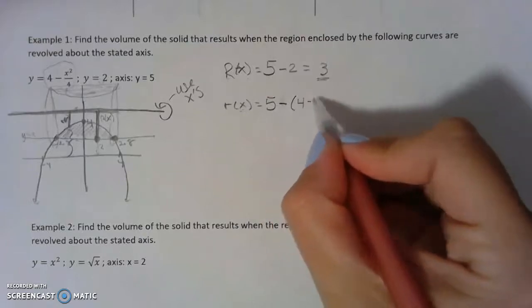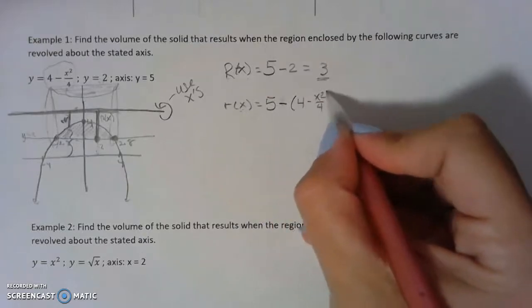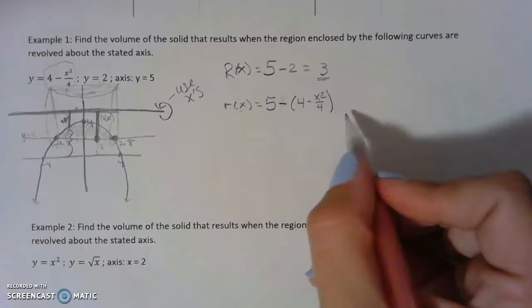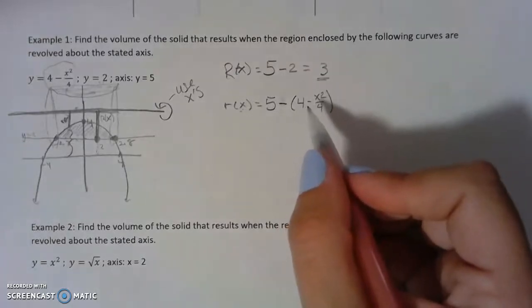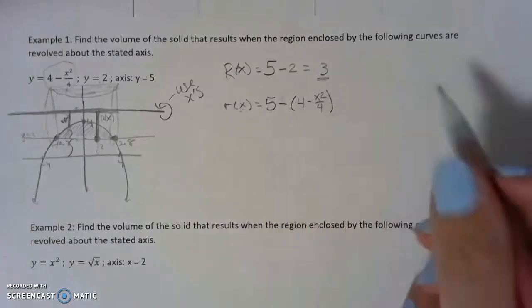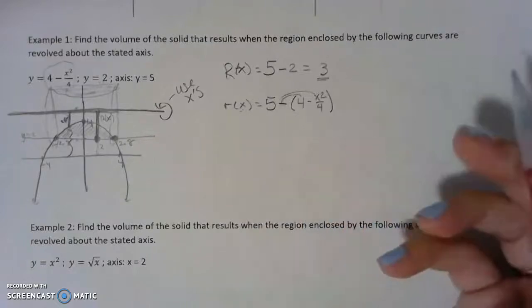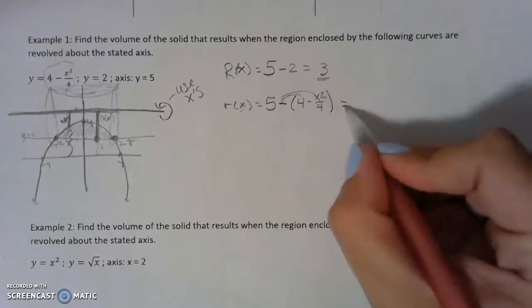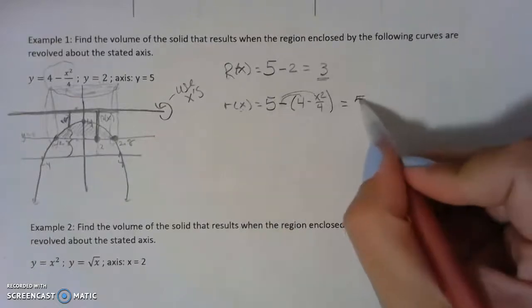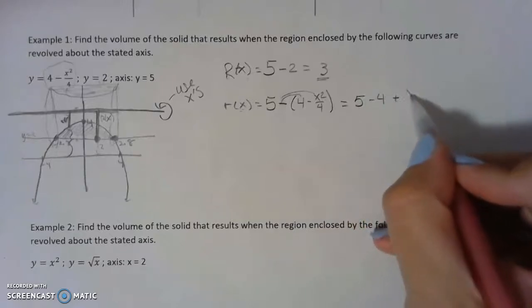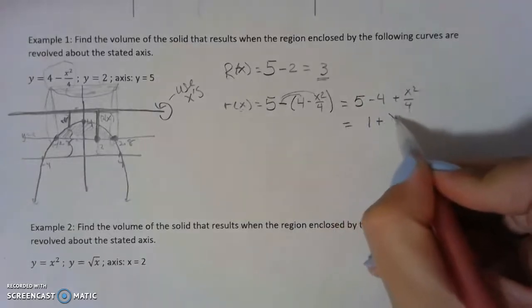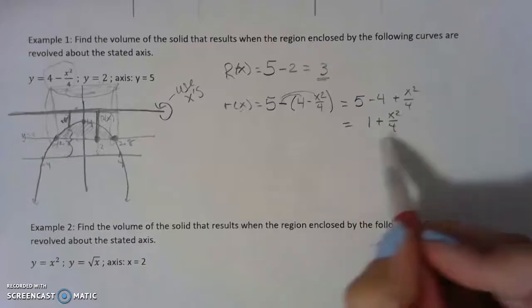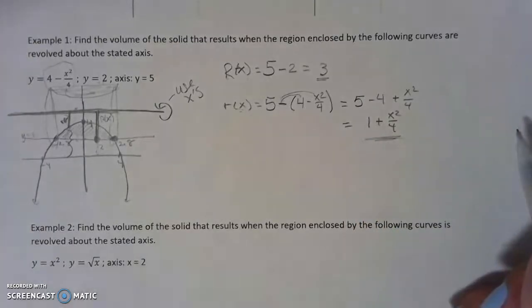So 5 minus the quantity 4 minus x squared divided by 4. Now, you could leave it like that when you type it into the calculator, but that's just more pieces that you have to type in the calculator, so I would go ahead and simplify this. So distribute your negative. All right, we're going to get 5 minus 4 plus x squared over 4, which is just going to give us 1 plus x squared over 4. So this is what we're going to be using as little r of x.